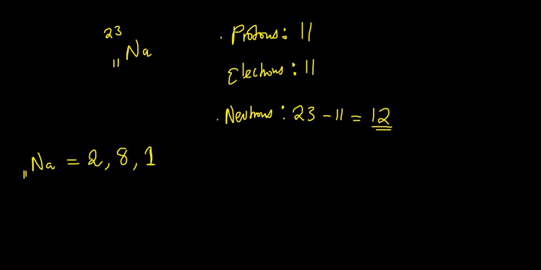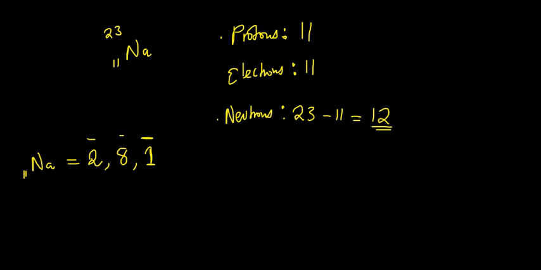Actually, as long as an atom has got more than one shell, if you write an electron configuration like this one, it means that this sodium has got 3 shells. That's why you can see 2, 8, 1. It has got 3 shells. As long as an atom has got more than one shell, it can't be stable when it has got less than 8 electrons in the outermost shell.